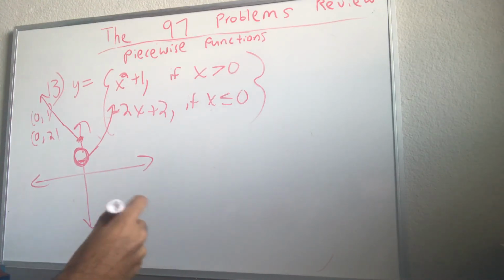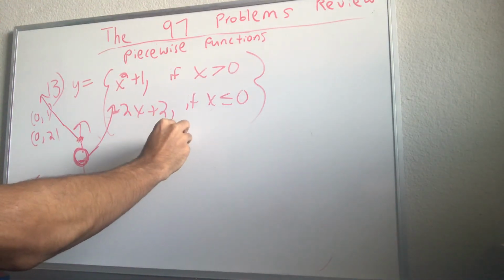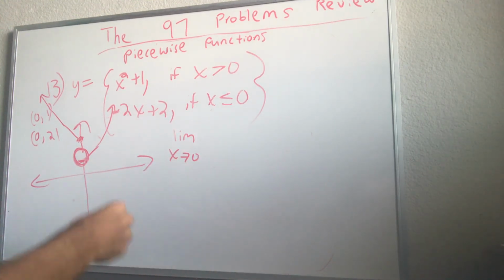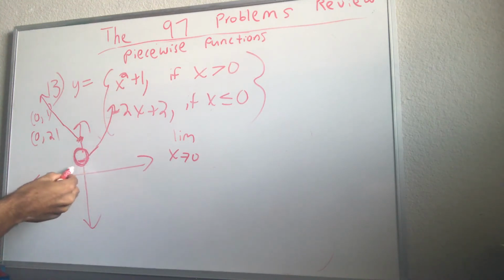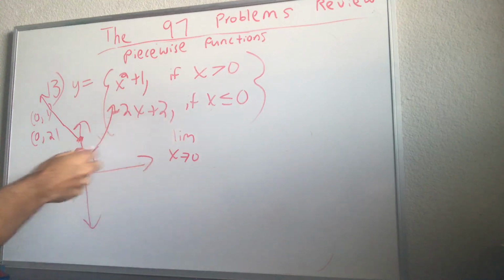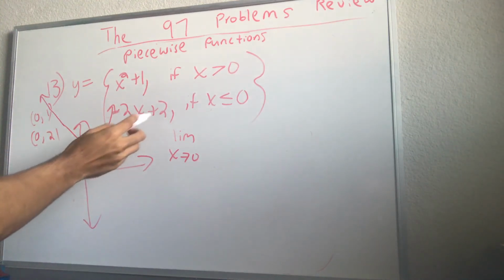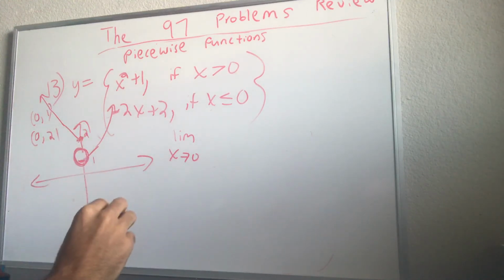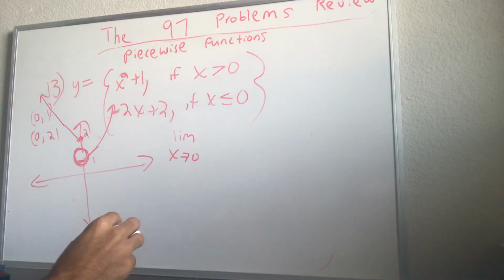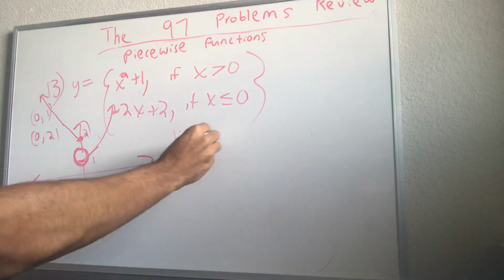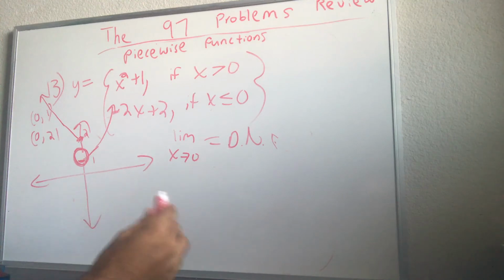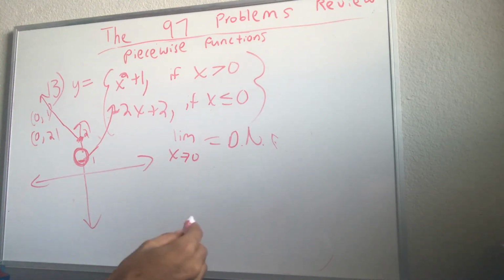So even for this function, if we say the limit as x approaches 0, it does not exist, because as you're approaching from the right, it's approaching this value over here, which is 1, and as you approach from the left, you're approaching the value 2, and those one-sided limits are not equal. Therefore the limit of f of x as x approaches 0 does not exist. That's just there, I wanted to point out. But we have our graph here. That's how it looks.